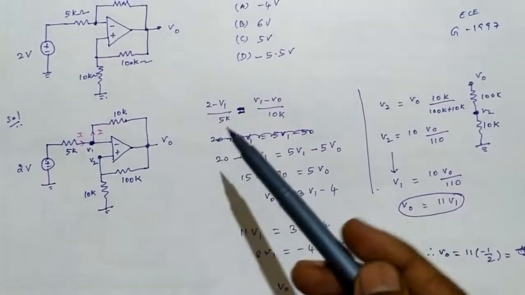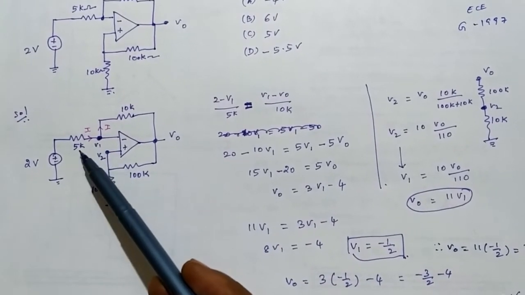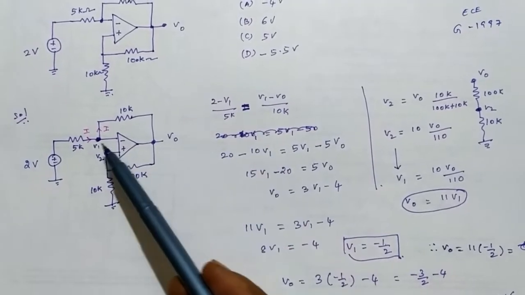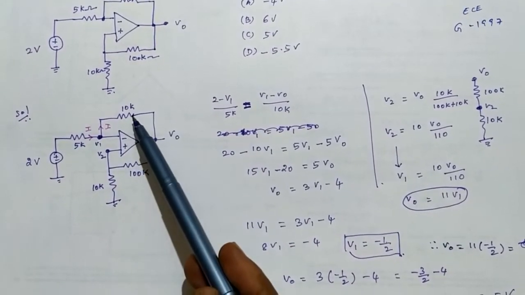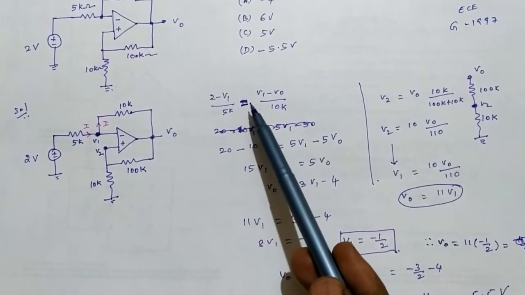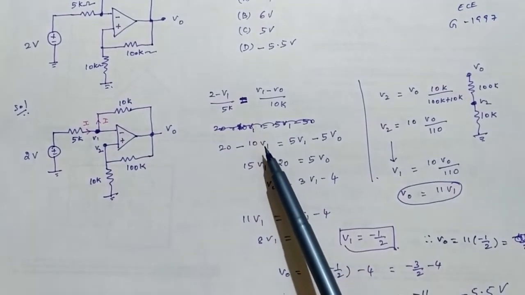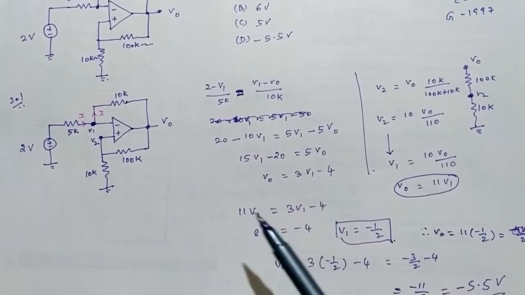So I is equal to (2 minus V1) over 5 ohm, and I is also equal to (V1 minus V0) divided by 10k. When this is simplified, we get V0 equal to 3V1 minus 4.